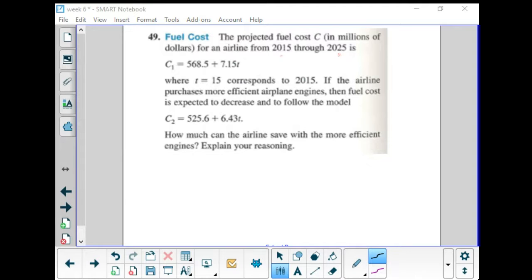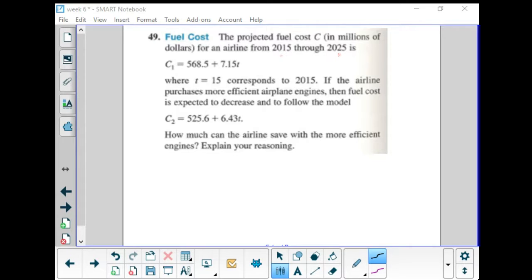Okay, so projected fuel cost in millions of dollars for an airline from 2015 to 2025 is given by that particular model. So maybe something has happened, locked in prices, made an agreement, and so the cost is going to follow this model. It's going to have a certain base, and then a certain amount of increase in the cost depending on the year.